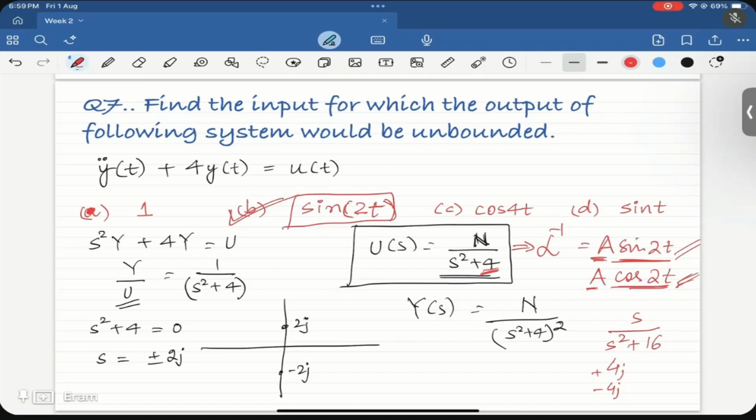And a direct way to check is that you just check what is the frequency of the transfer function and the input that matches this frequency. So here this is 2 square, right? Omega is 2, that is why it is 4.